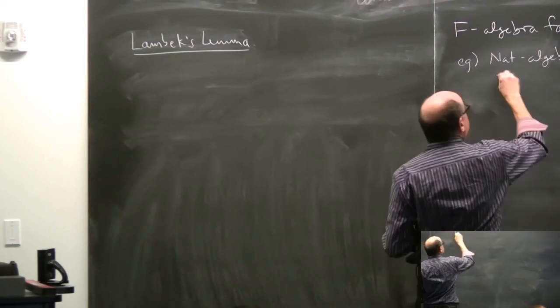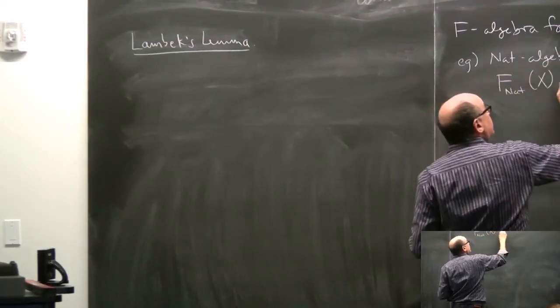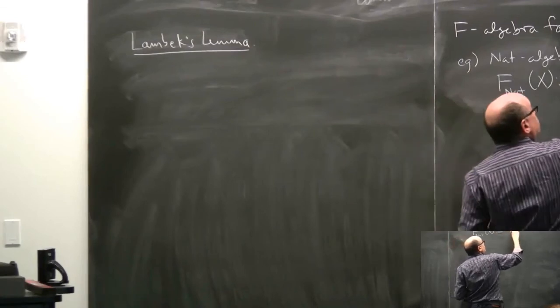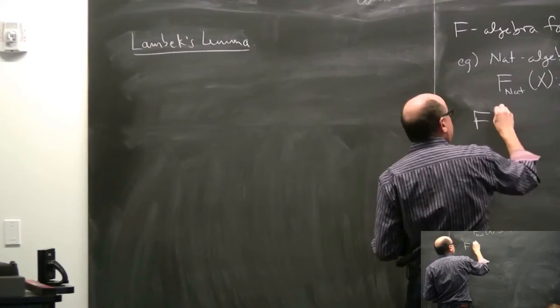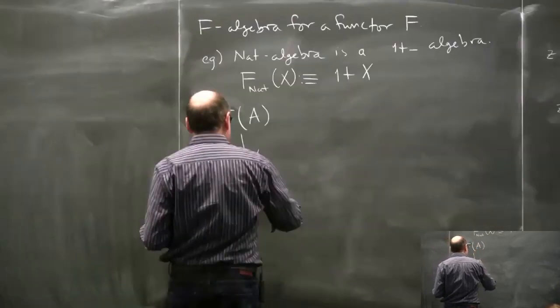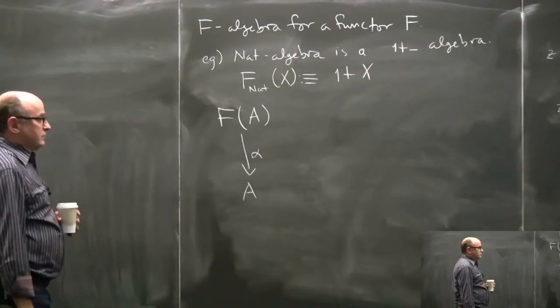In other words, let's call it F nat. F nat of X is by definition 1 plus X. So an F algebra is an alpha from F of A to A. That's what an F algebra is.